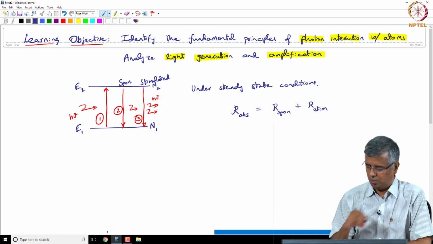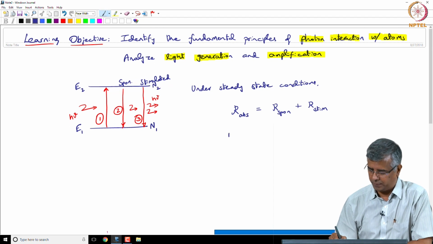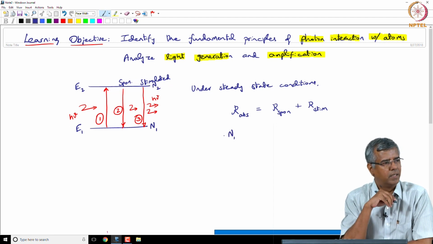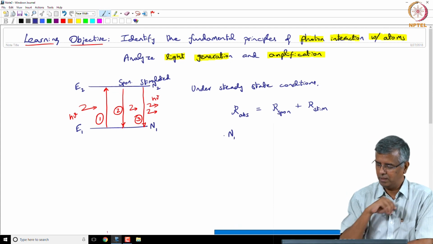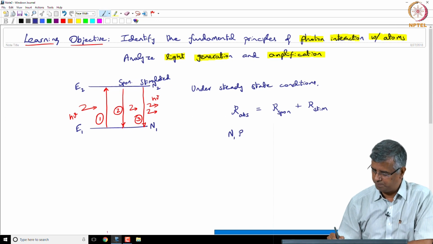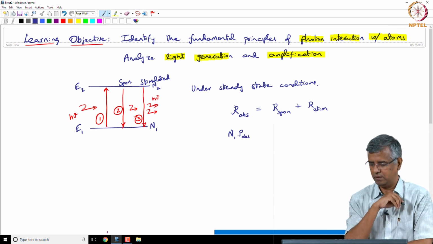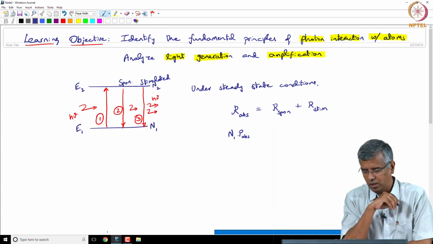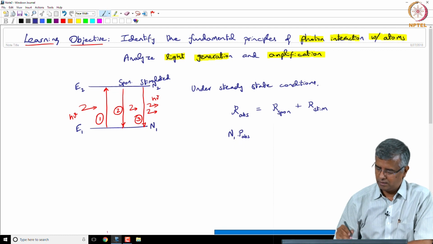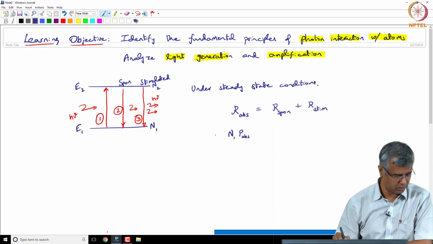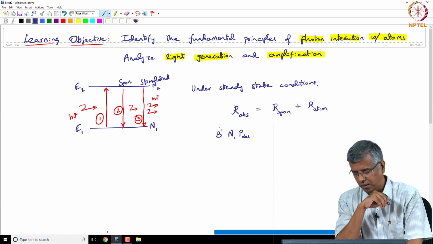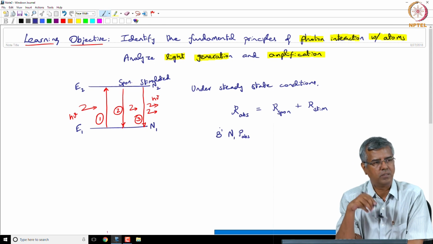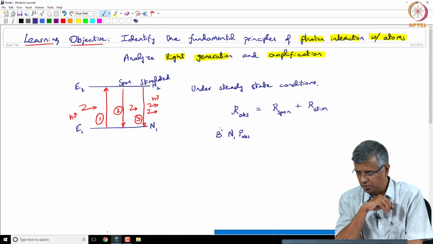Okay. So, we are saying that this has got to depend on the number density of atoms in that lower energy level multiplied by some probability density, let us just call that P absorption, right, that is the probability density, and there may be some constant associated with this. Let us call that constant B prime. We will define what this constant means in a few minutes.